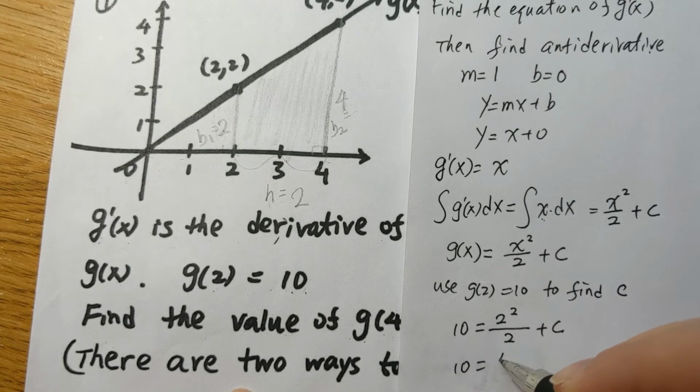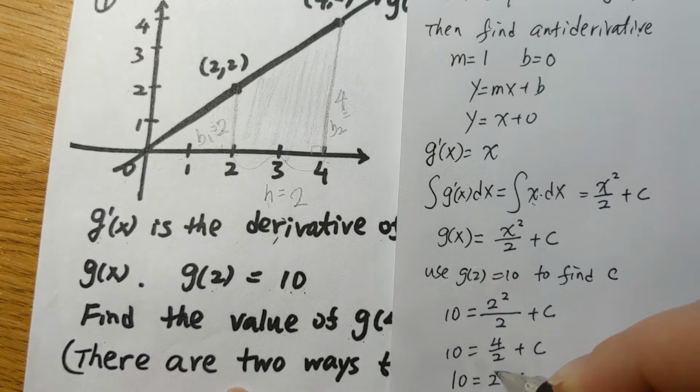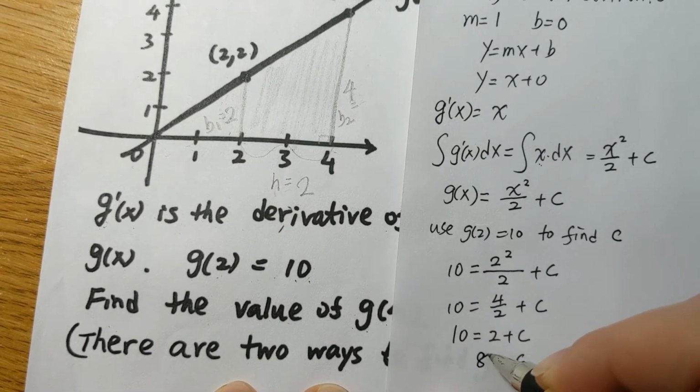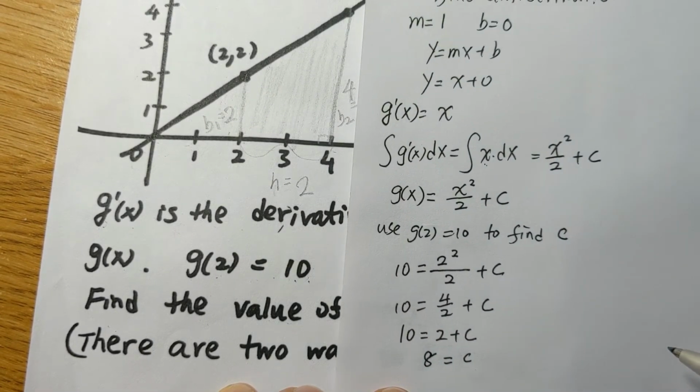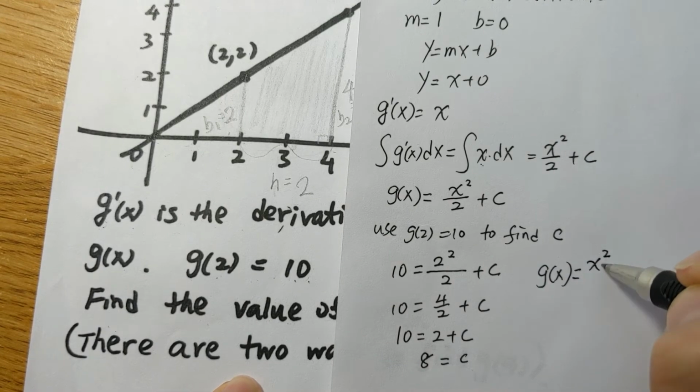So we get 10 equals 4 divided by 2 plus c. 10 equals 2 plus c, and c equals 8. So now we know that g of x equals x squared over 2 plus 8.